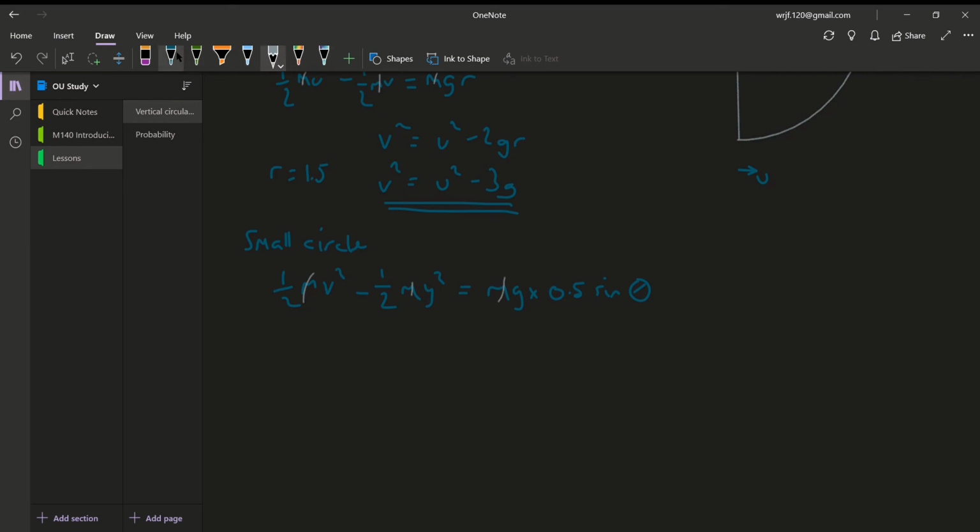Multiplying by 2, the 2 and that 0.5 are going to cancel each other out. So I'm just going to have v squared minus y squared equals g sine theta.